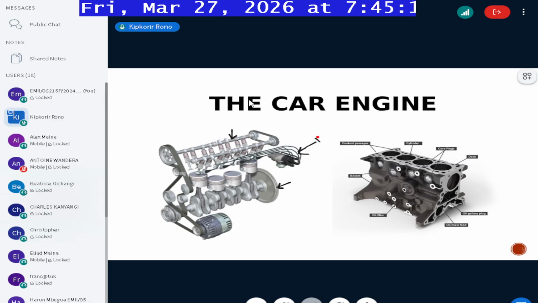The distributor, like I said, you can see that it's connected to these dark parts here. These dark patches are where you have the ignition coils and the spark plugs. The distributor is the one that determines which spark plug receives current according to the firing order. It's connected to the battery.